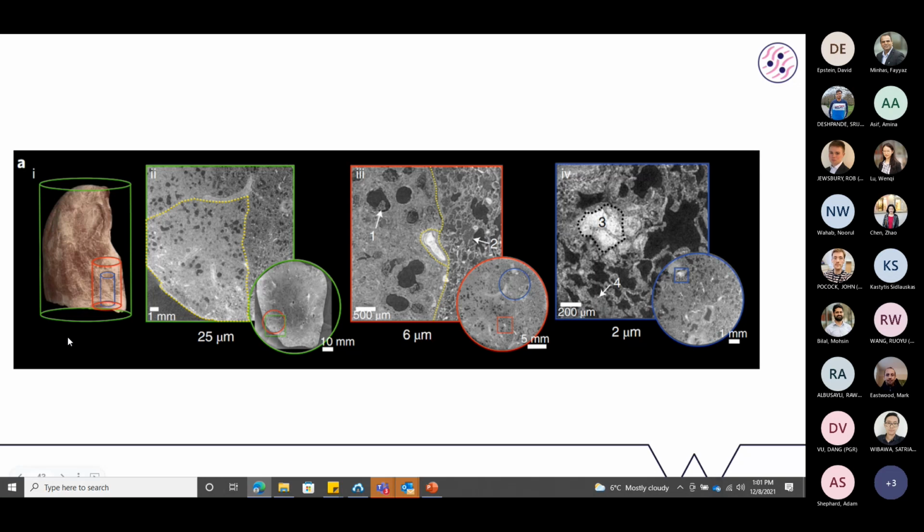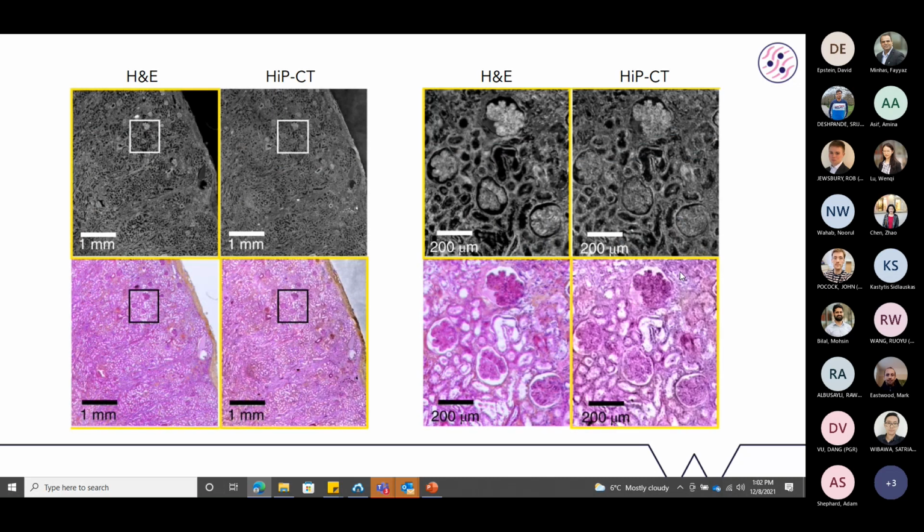But here we've got an image of a lung. The green volume is the lowest resolution, blue highest resolution, 2 microns. You can see that we're getting some really quite high resolution images here. Again, some comparisons, this time to H&E. The bottom left image is an H&E image.